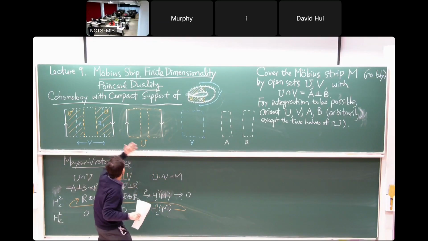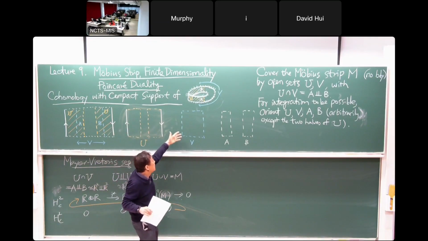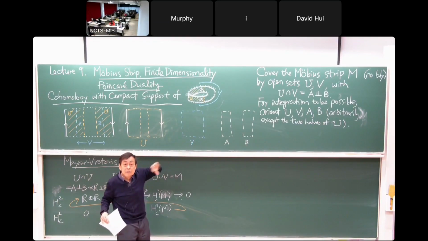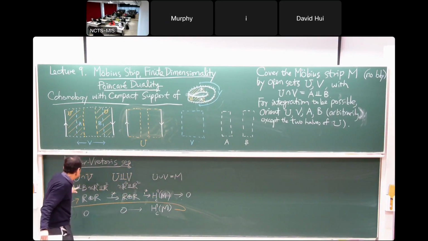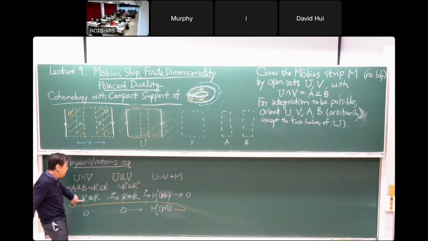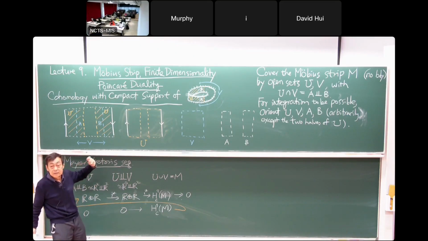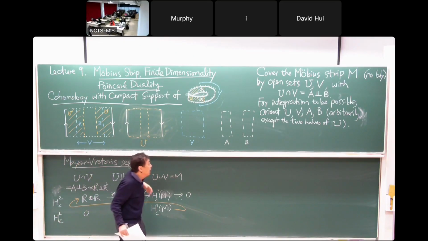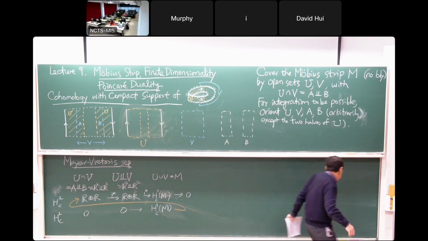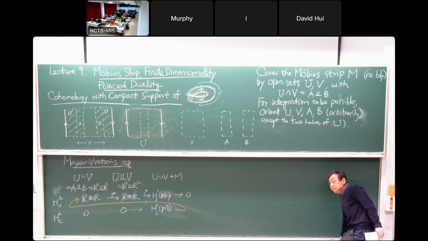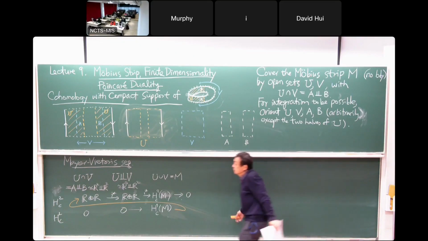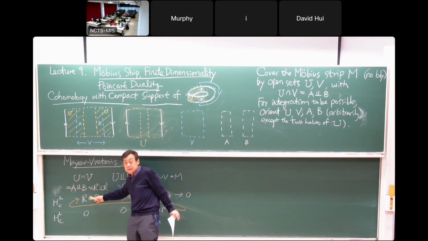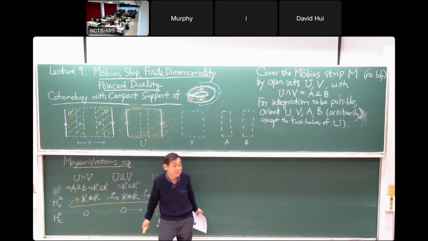But here, we just have open sets, U, V, A, B, that are diffeomorphic to R2. So in order to have this identification of H2 with R, you first have to orient all of your open sets, and you can orient them any way you like, because all you need is an identification of H2C with R.